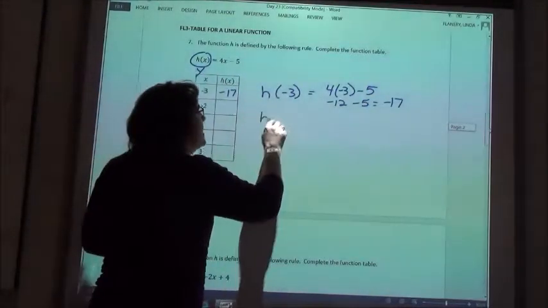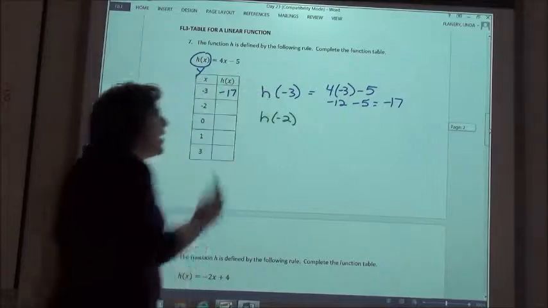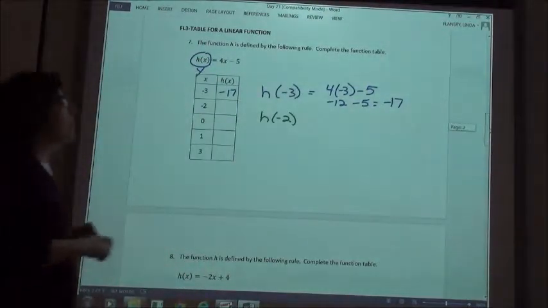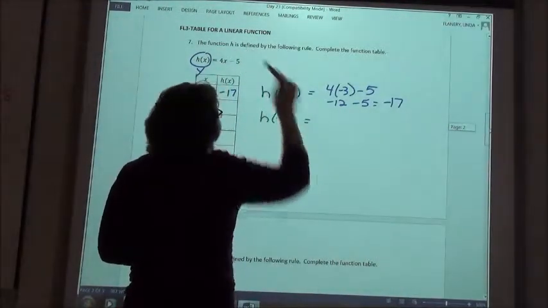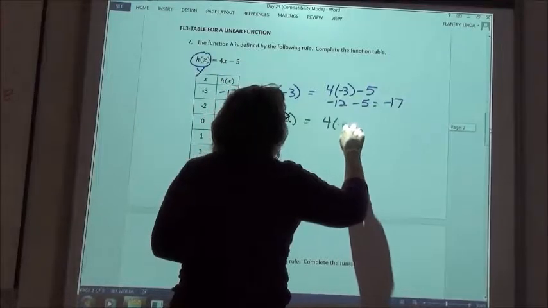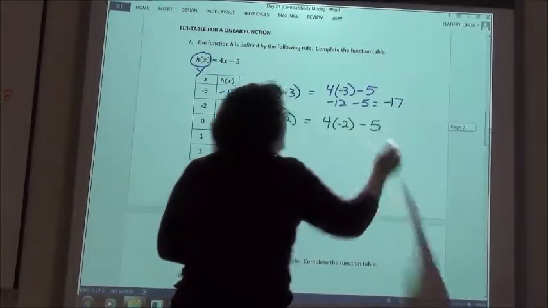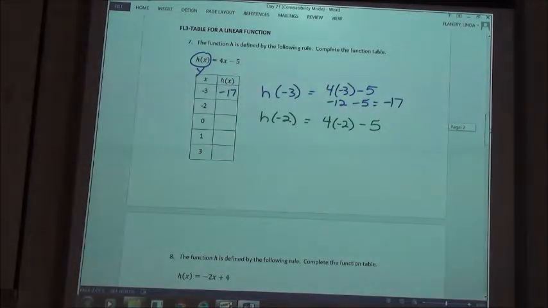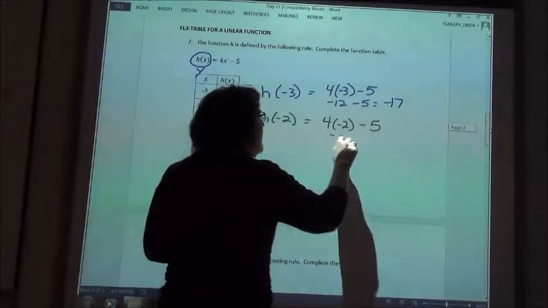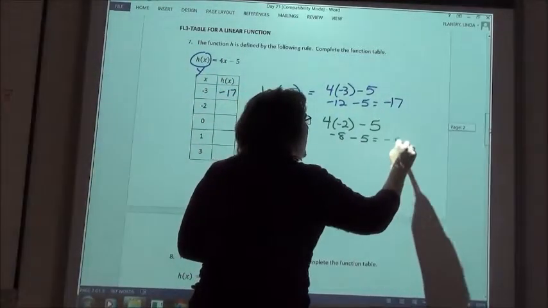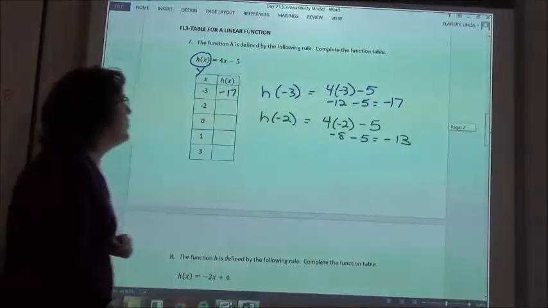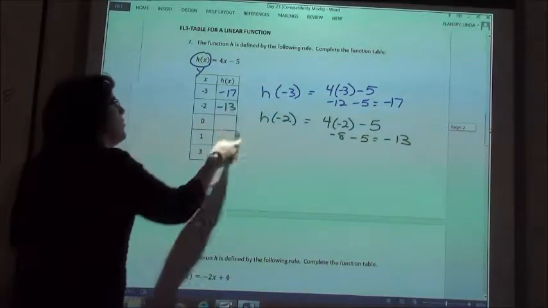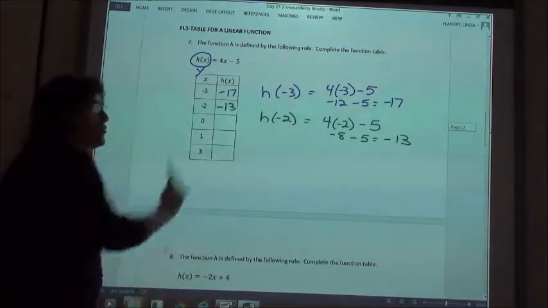So they're going to write it as H of -2 to show that, oh, -2 was the number I'm putting in for my X. But I'm really going to put it in on the other side: 4 times the -2 minus the 5. And then I'm just going to solve that right-hand side. 4 times -2 is -8. -8 minus 5 is -13. So when X is -2, my answer is -13.